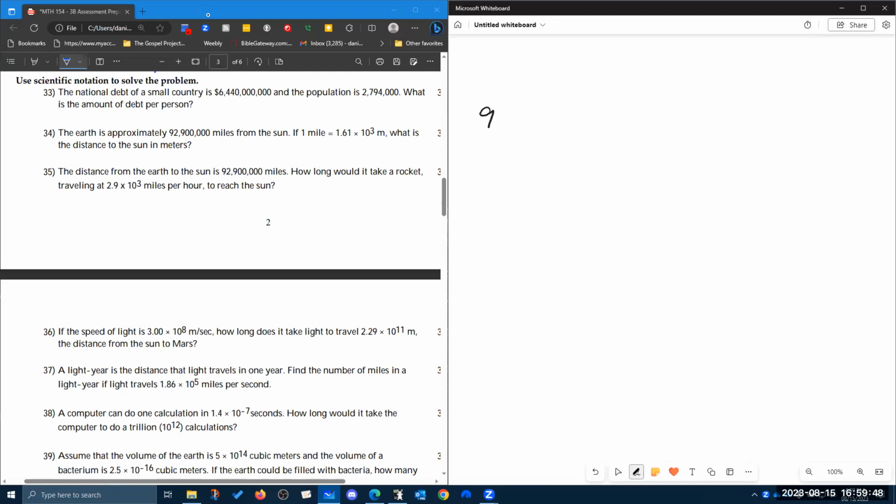So we're going to make that 92.9 times 10 to the sixth miles, times a conversion factor here of 1 mile is going to be 1.61 times 10 to the third meters, roughly. So what is the distance to the sun in meters?